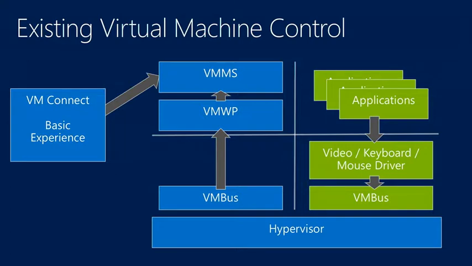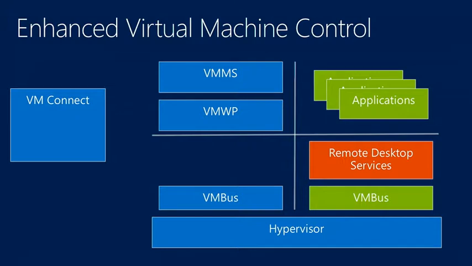Now, an interesting point to make is that with the basic experience, this connection here is actually already using the remote desktop protocol. So we're using the remote desktop protocol here, but then we're just feeding it a bitmap and pulling out the keystrokes and the mouse information. With enhanced virtual machine control, it actually looks kind of the same. However, instead of using the video driver in the guest, we're now using remote desktop.